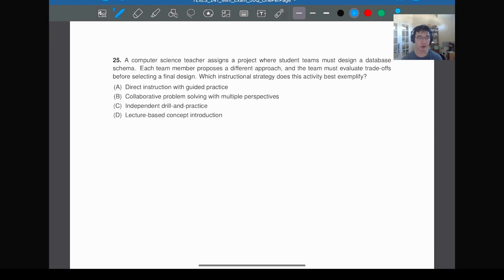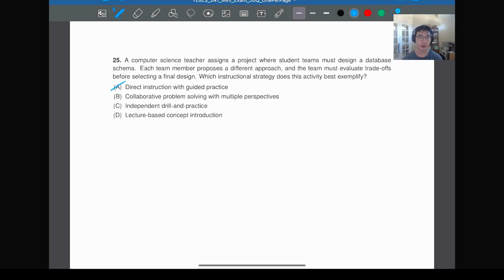Is this direct instruction with guided practice? Is the teacher just lecturing up front? Is it direct instruction? No, right? It seems like student teams are working together for a project. There is no direct lecturing instruction from a teacher. Is it collaborative problem solving with multiple perspectives?